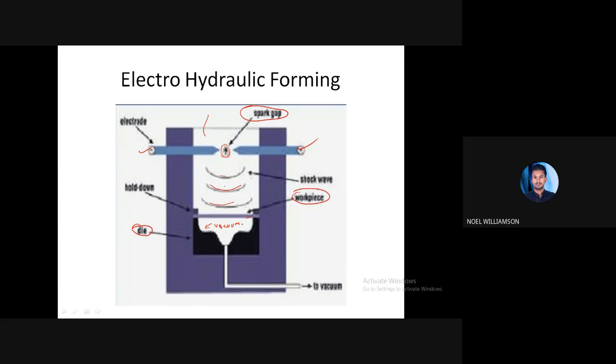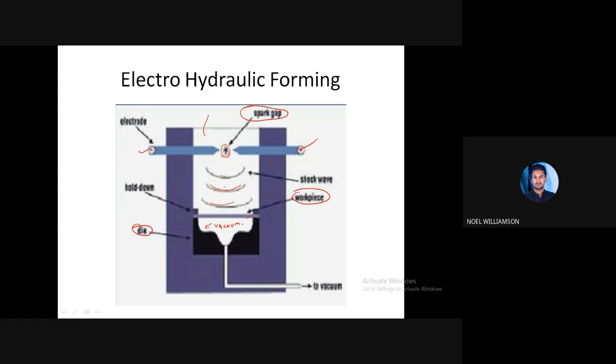So here, what is the energy conversion? We have already seen that electrical energy is being converted into mechanical energy. How is it converted? The electrical energy in the form of electric pulses is given in order to produce the electric spark.